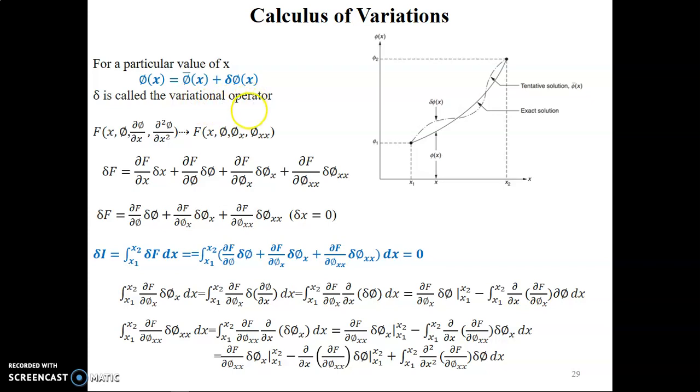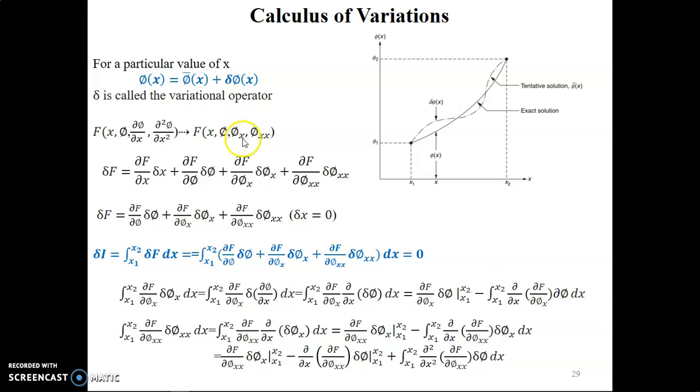So now we will define a function f, and this is a function of x, that is the independent variable, then the field variable, the first derivative of the field variable, and higher order derivatives of the field variable. Here we are only confined to the second order derivative of the field variable. So in short form, this function can be represented as f is a function of x, and the field variable phi of x in the subscript.